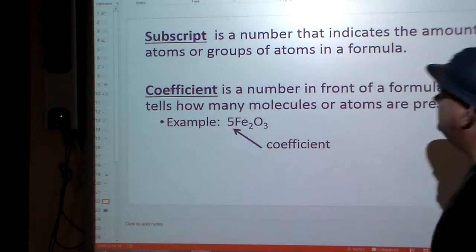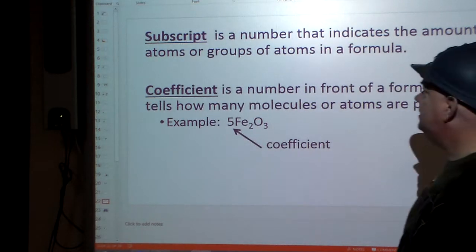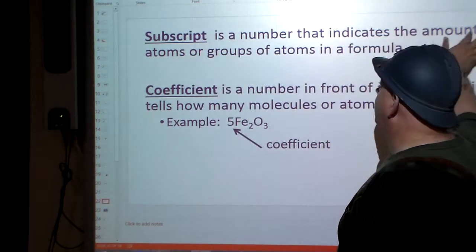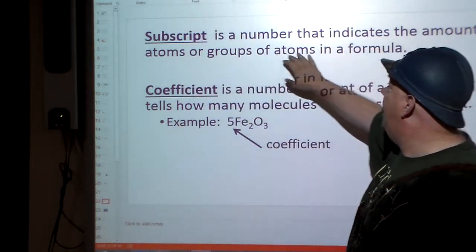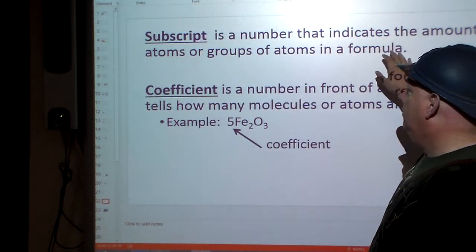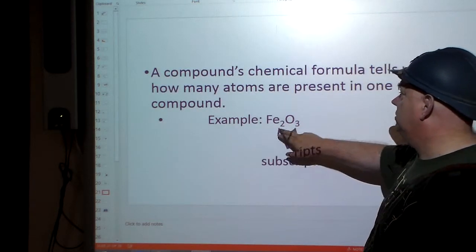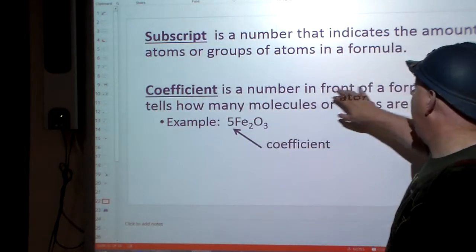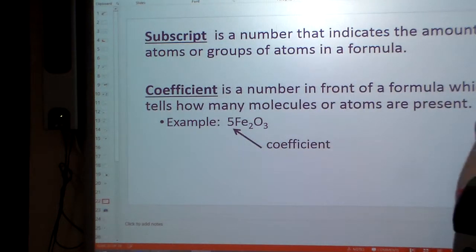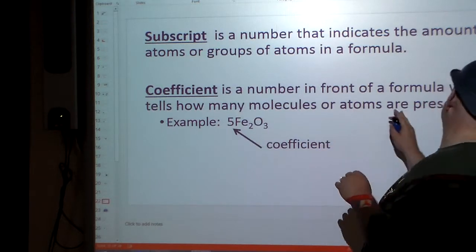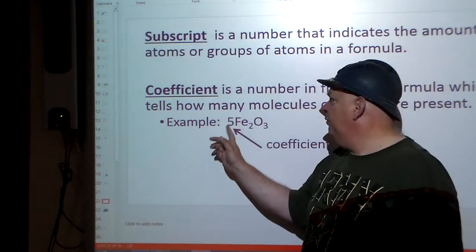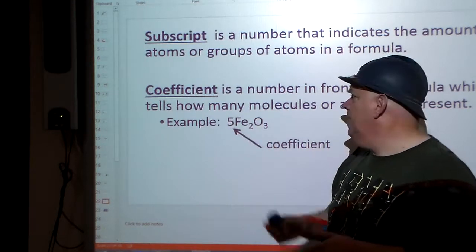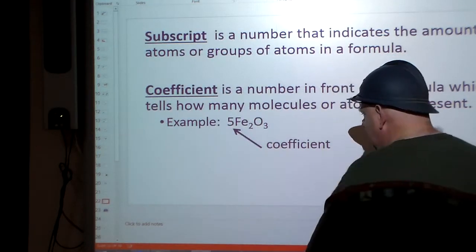A subscript and a coefficient. Well, the subscript we already talked about. That's the number that indicates the amount of atoms or groups of atoms in a formula. These are subscripts. A coefficient is a number in front of a formula which tells how many molecules or atoms are present. Example 5Fe2O3. This 5 is our coefficient. So how many of these atoms do we have?